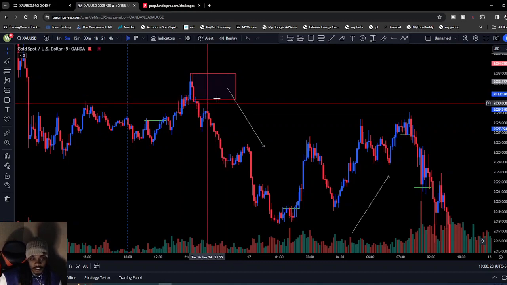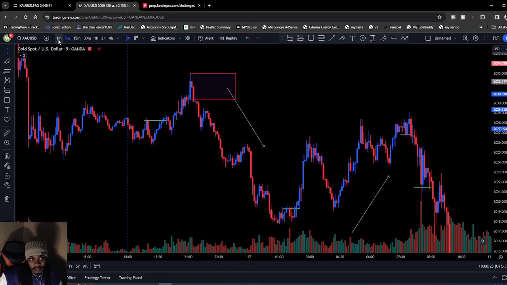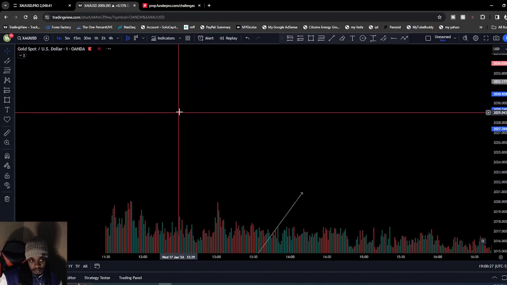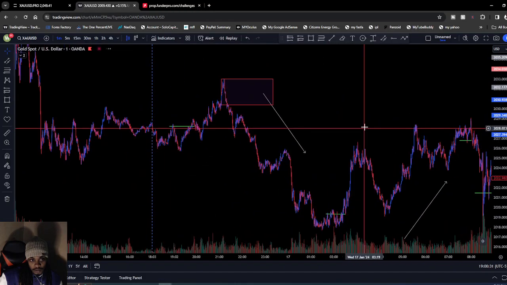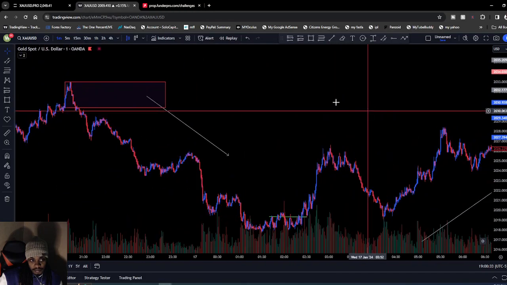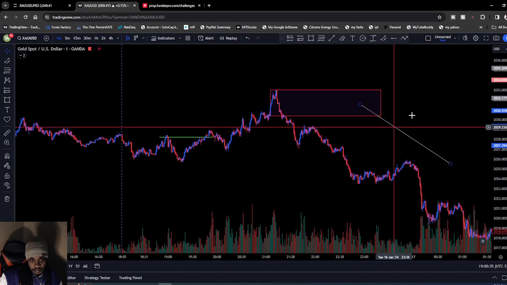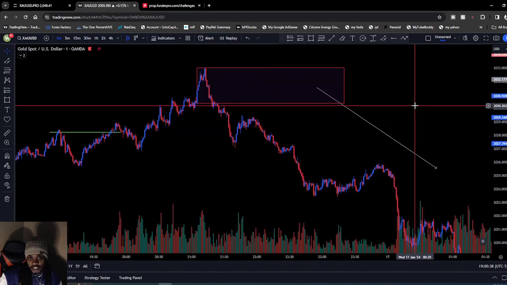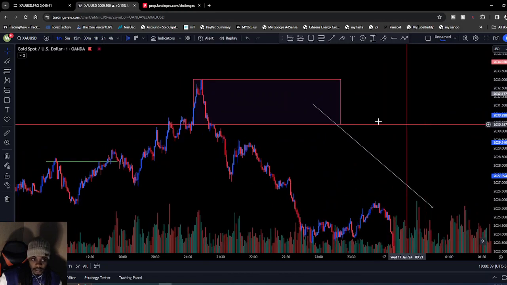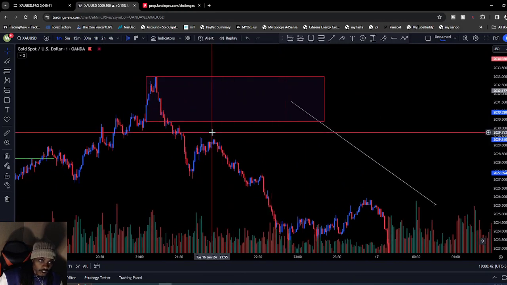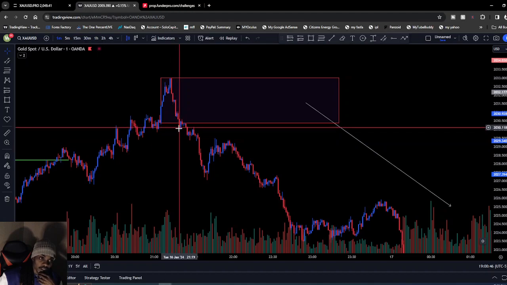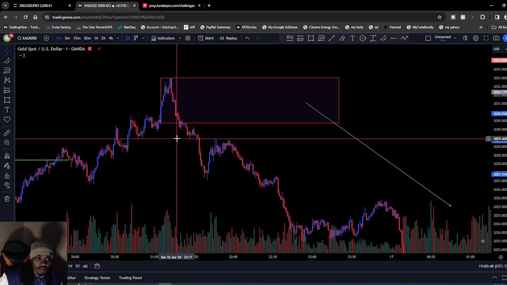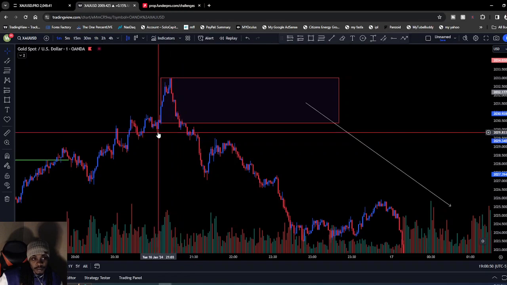So after you have your zone marked up, you would then go down to the 1 minute. So you have to be doing this in real time, and these trades are going to hit TPs quick. So you will go down to the 1 minute, and in real time this was the candle push away. So now you can either wait until it breaks structure.